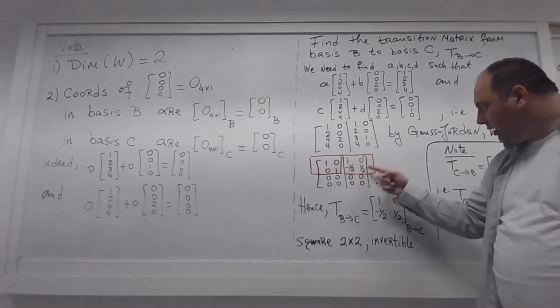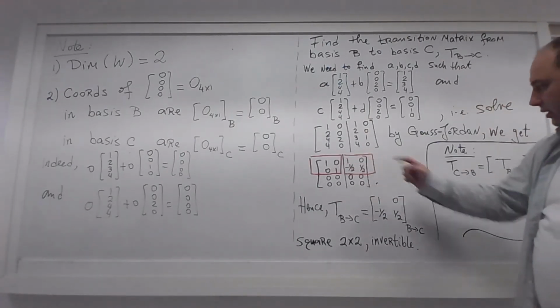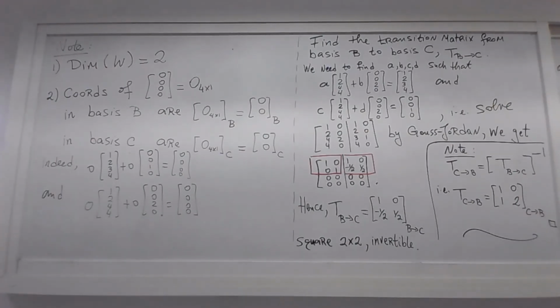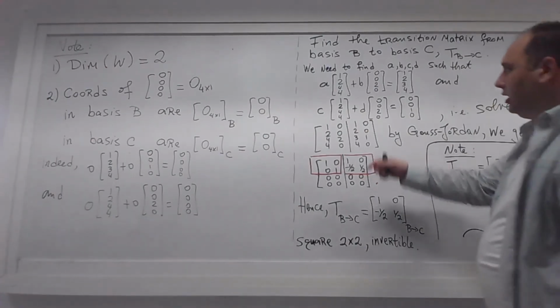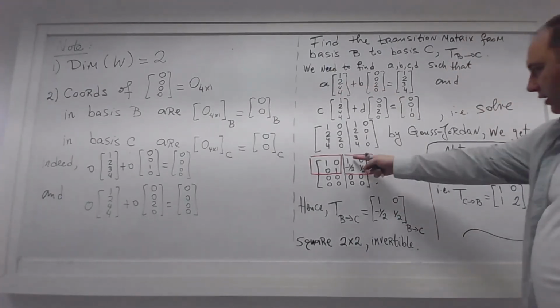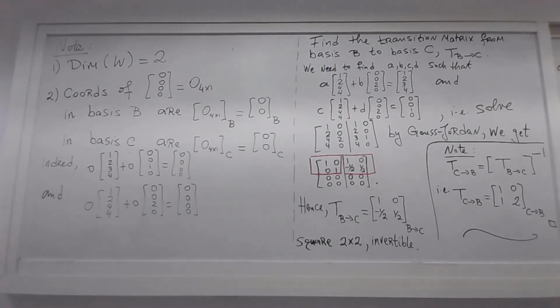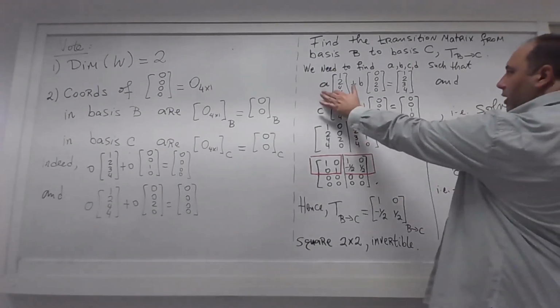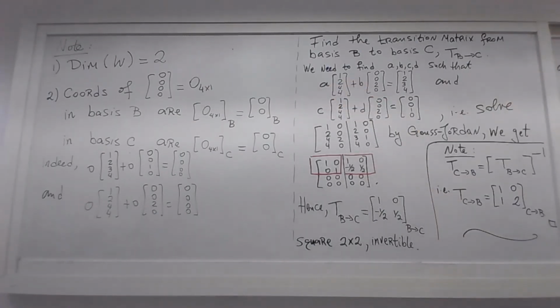And this part here is your transition matrix, the part in red. Because the solution is A, B, and C, D. So you just find them, A, B, C, D. So the transition matrix is actually found as coefficients A, B, and C, D in column. When it's easy, you can instead compute the transition matrix from C to B by computing the inverse.